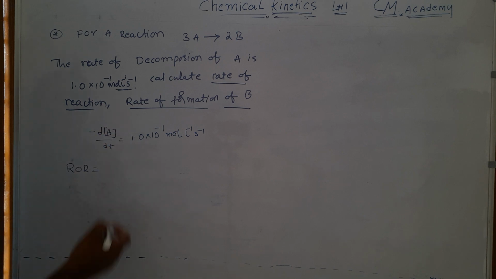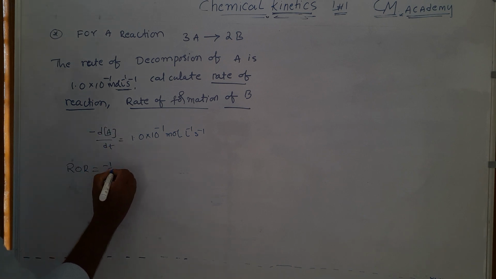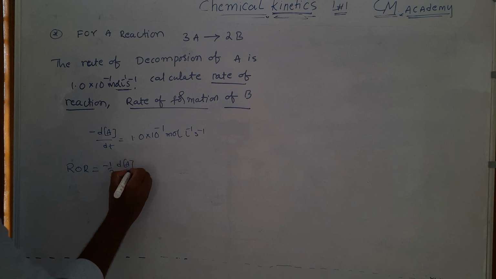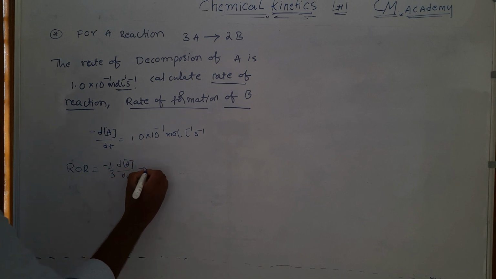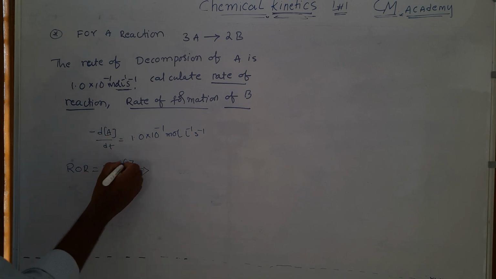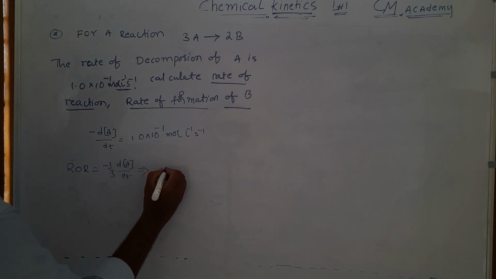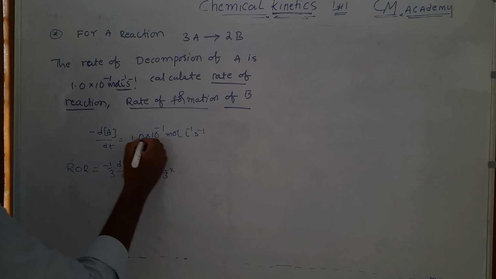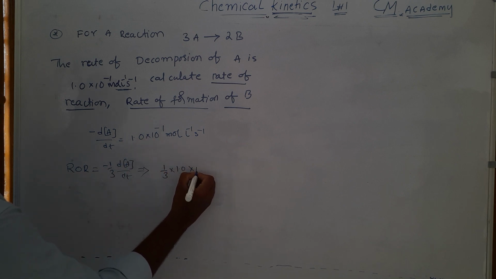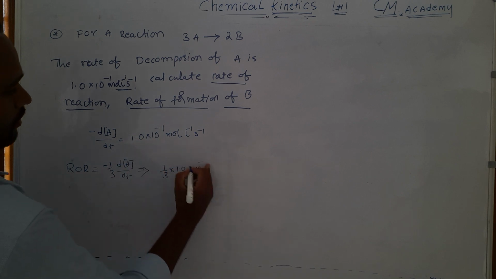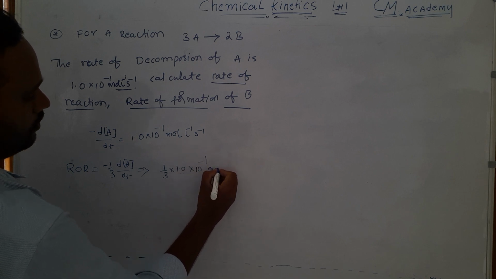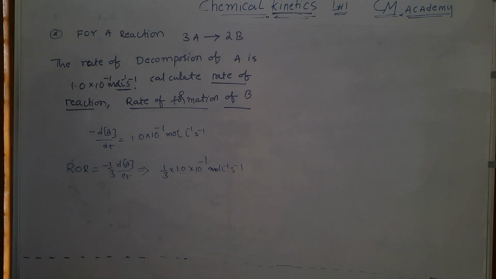ROR with respect to A is minus 1 by 3 dA by dt. Therefore, 1 by 3 into the value of minus dA by dt, 1.0 into 10 power minus 1 mole liter inverse second inverse.